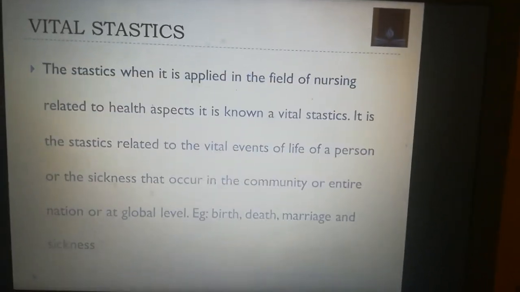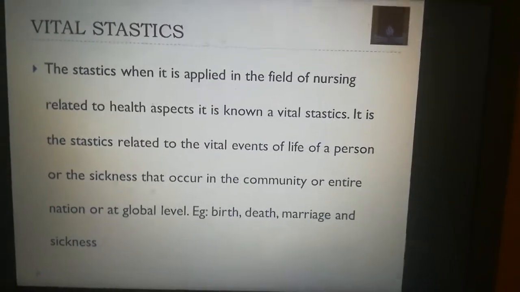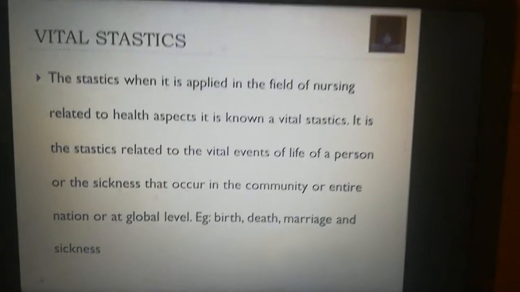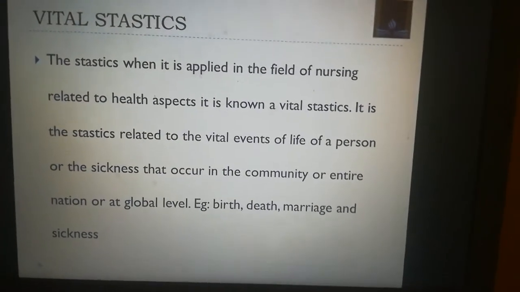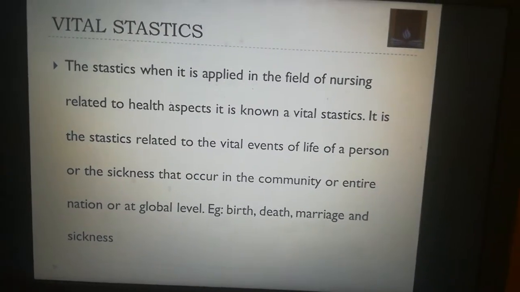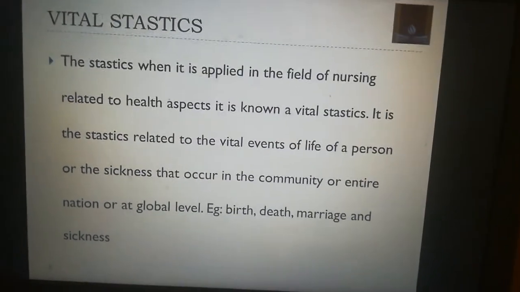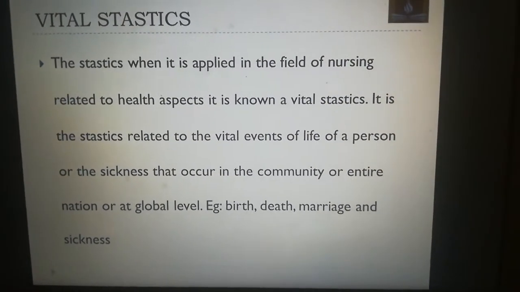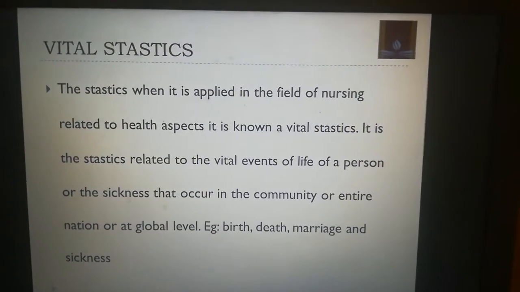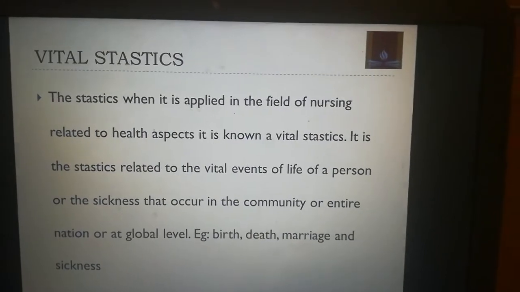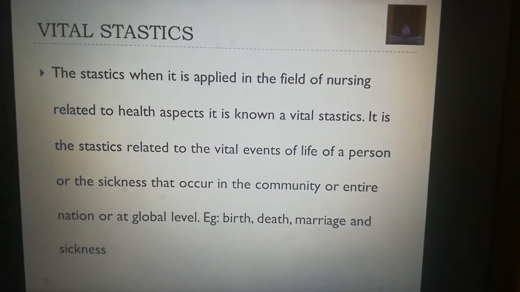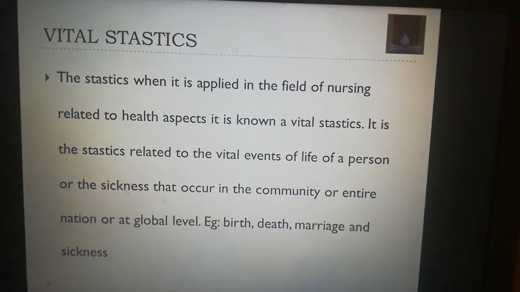The definition of vital statistics: when statistics is applied in the field of nursing related to health aspects, it is known as vital statistics. On the other hand, we can say it is statistics related to vital events of the life of a person or the sickness that occurs in the community, in the nation or at the global level.